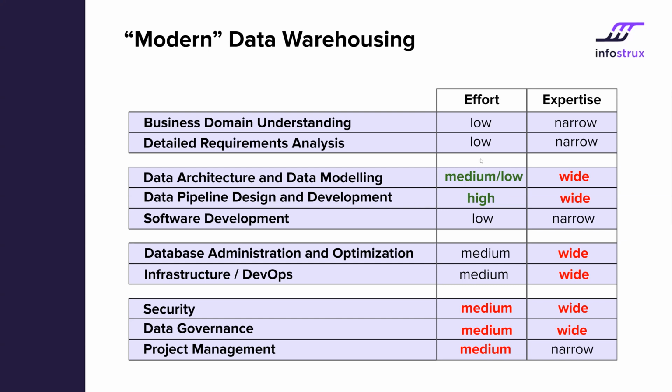The data architecture and data modeling go down from medium to about medium low. I mean, these are all very relative, and we can argue about what this means, but bear with me, please, for a second. So these parts go down. However, there are areas of expertise that go up in terms of effort.